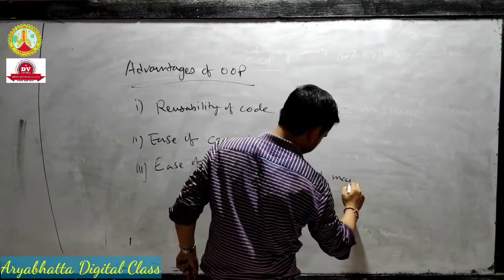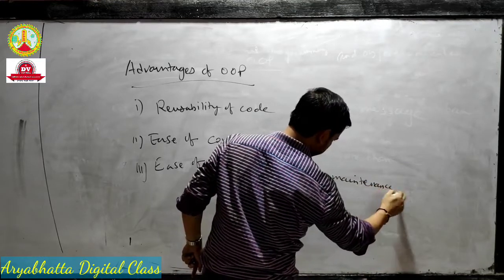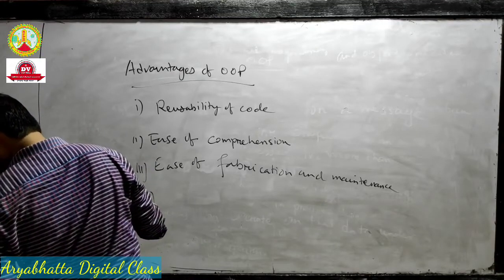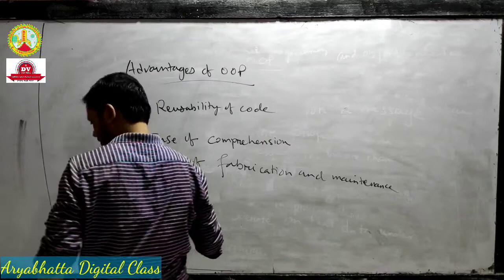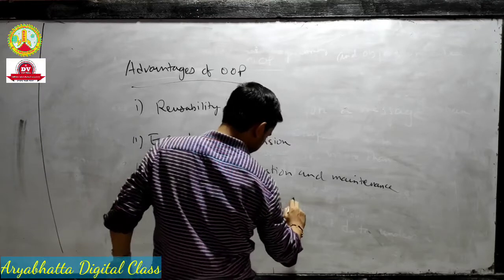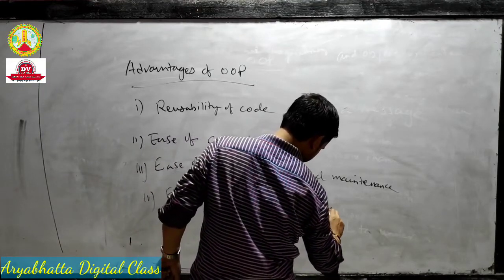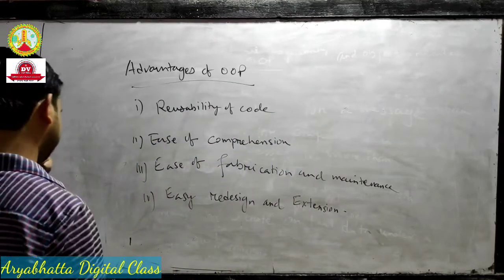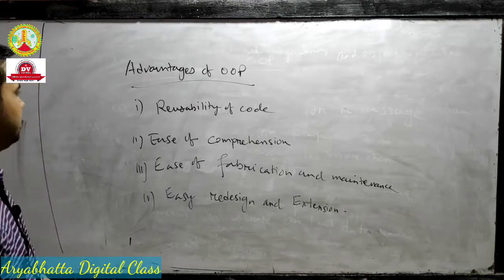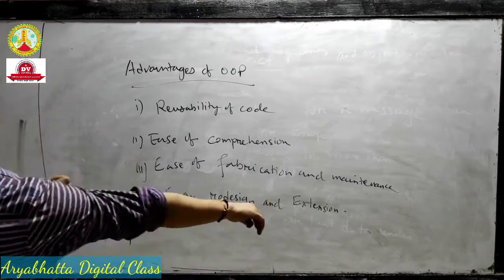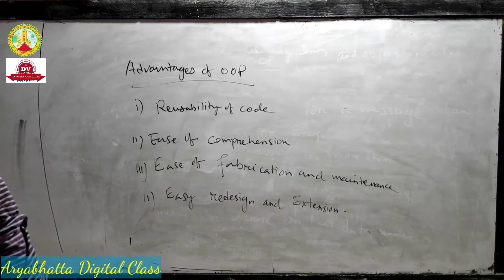And fourth point is easy redesign and extension. This is the 4 points. In exam, sometimes it comes for 2 marks, then you just write 2 points, or 3 marks, then you write 3 points. Reusability of code, ease of comprehension, ease of fabrication and maintenance, easy redesign and extension.